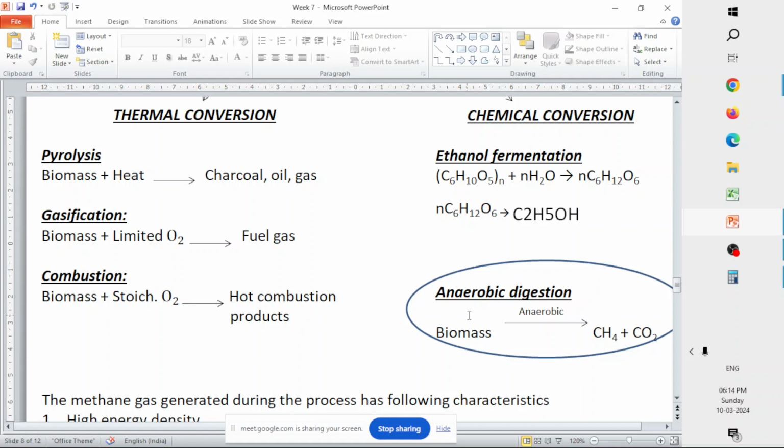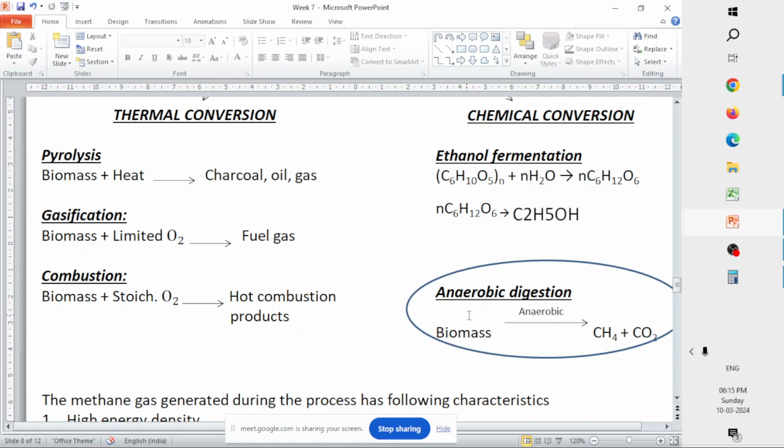These simple organic components are then fed to the acid forming bacteria, which are the microbes in general terms. They feed on these simple organic components and convert them into acids such as butyric acid or higher fatty acids.